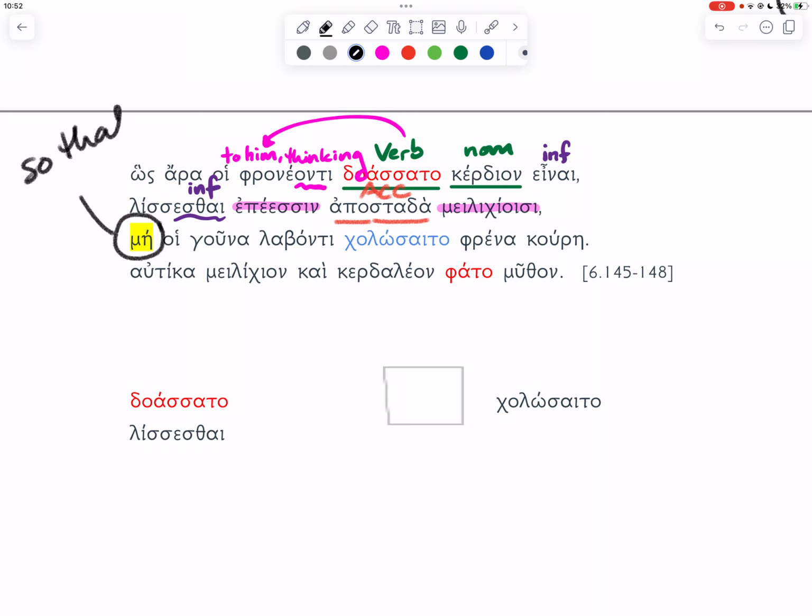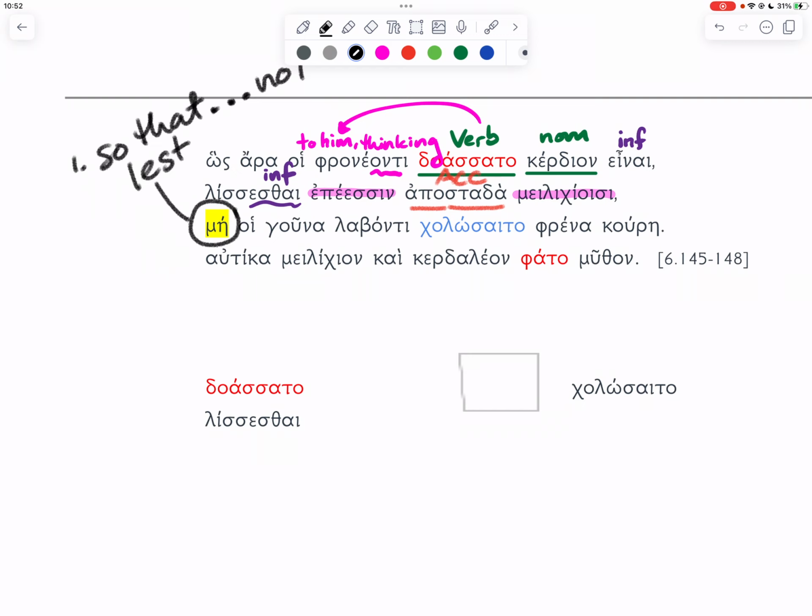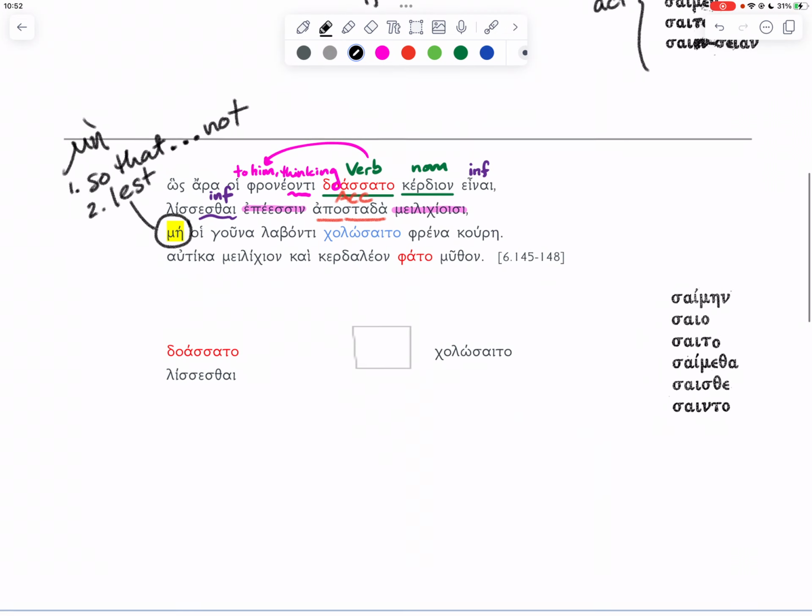Now, may is going to have two meanings. You can translate it like this: so that, and to put a not later, or you can just use the word lest. So there's your two choices for the word may. Lest she do what? Lest she get angry at whom?